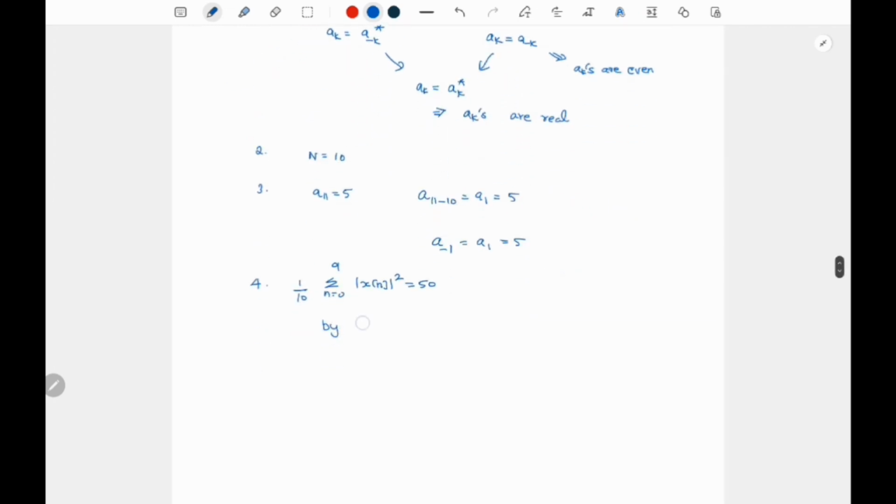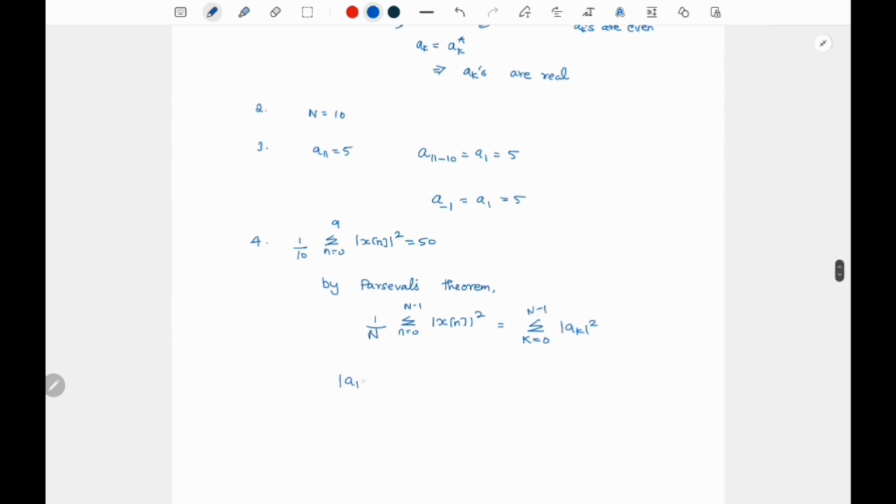So by Parseval's theorem, your 1 by N summation n equal to 0 to N minus 1, mod x of n whole square, is equal to summation k equal to 0 to N minus 1, mod ak square, correct?